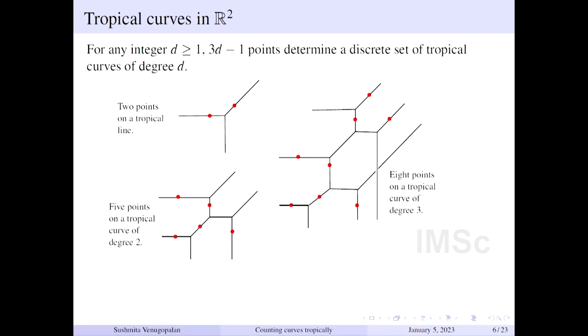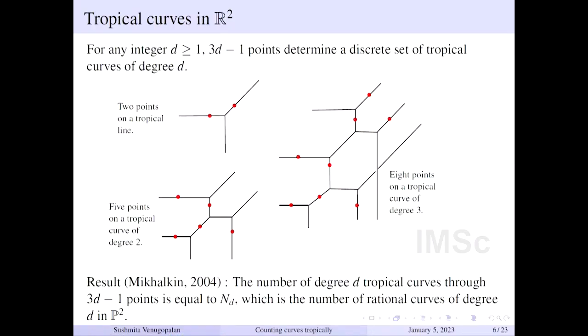Now, the remarkable thing is that if we do the same thing with tropical curves, if you fix 3D minus 1 generic points in R2 and you look at degree D tropical curves passing through those fixed points, then that set is going to be a discrete set. It's not a continuous family, similar to what we saw in curves earlier.